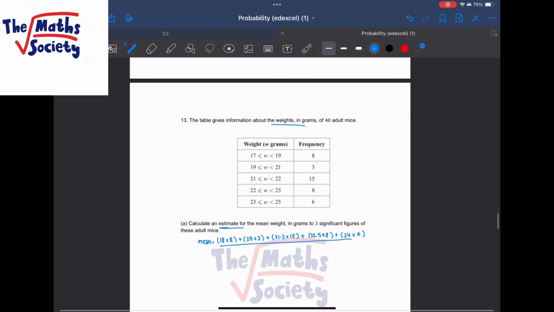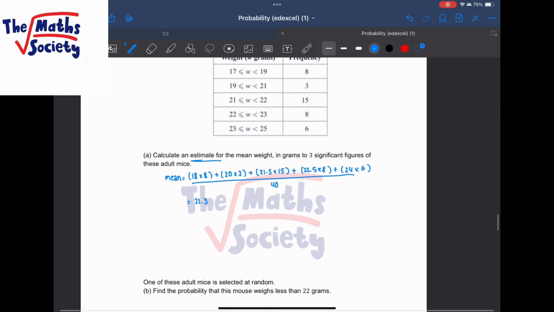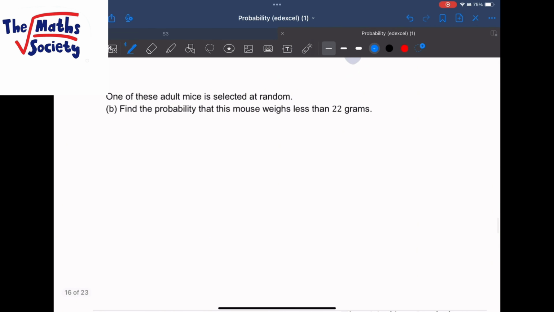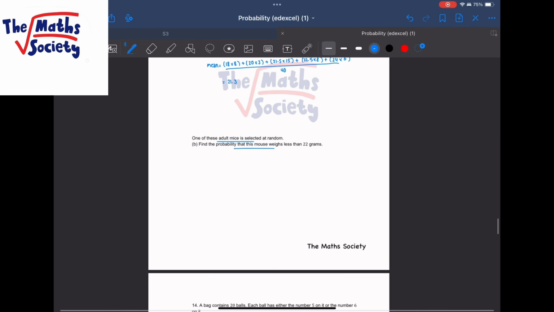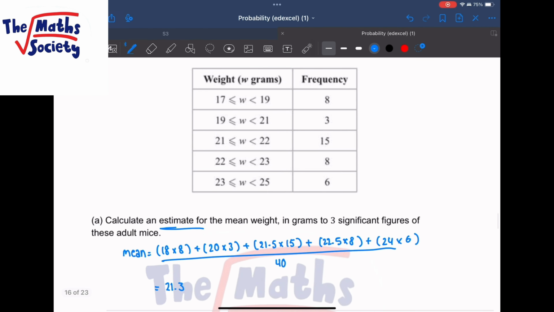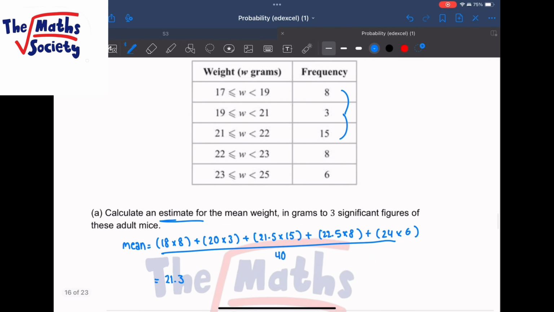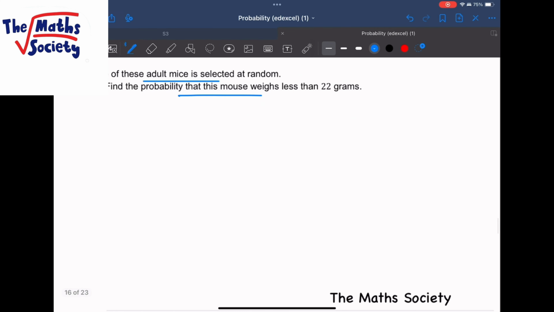We should get an answer of 21.3, that's the mean weight. One of these is selected at random, so find the probability that the weight is less than 22 grams. So it has to be less than 22, then we'll have from here until here, so it's going to be 26 by 40, and that is 13 by 20, and that's your probability.